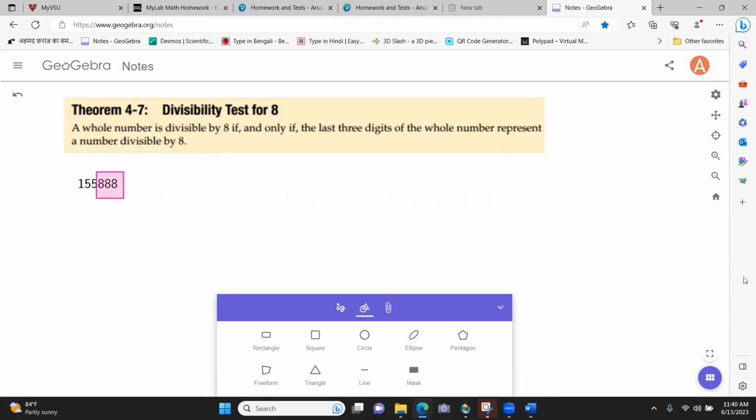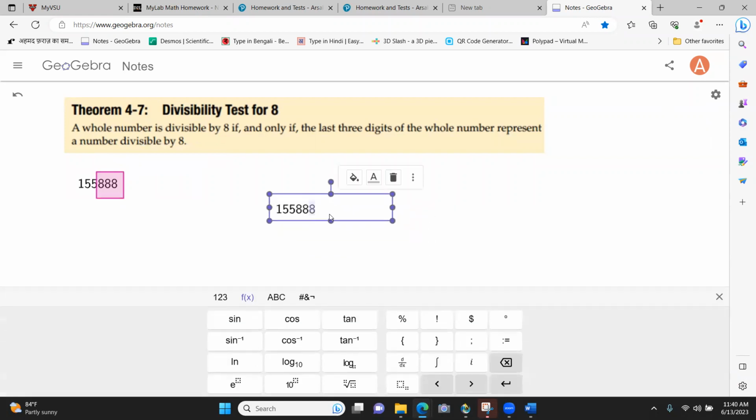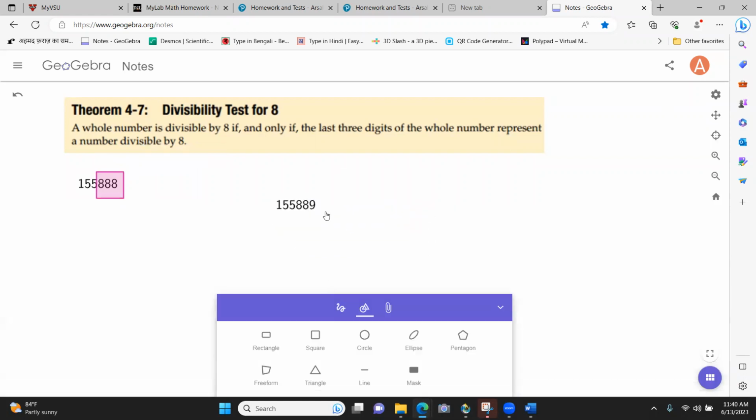So the whole large number, 155,888, whatever that is, is divisible by 8. Take a number where the last three digits are not divisible by 8, and this is not, okay? Because the last three digits aren't. You just focus on the last three digits.